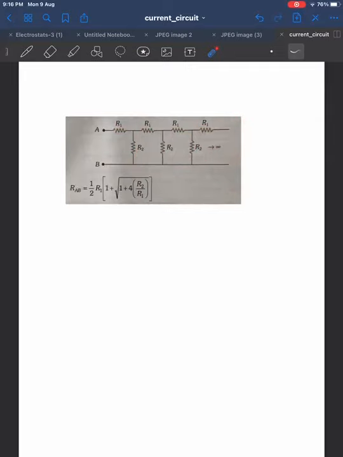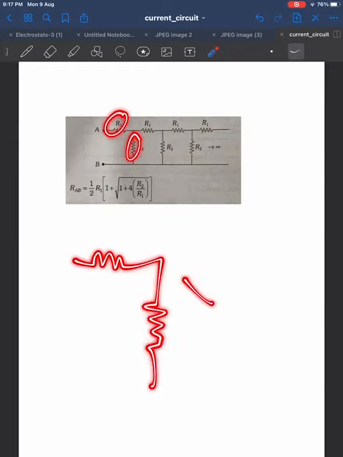Actually, if you compare it with the previous diagram, this will be R3. But in this case, there are only two resistors. Therefore, they have taken R1, R2. Therefore, if this is multiplied into infinity, then what is the equivalent resistance? The answer is this.